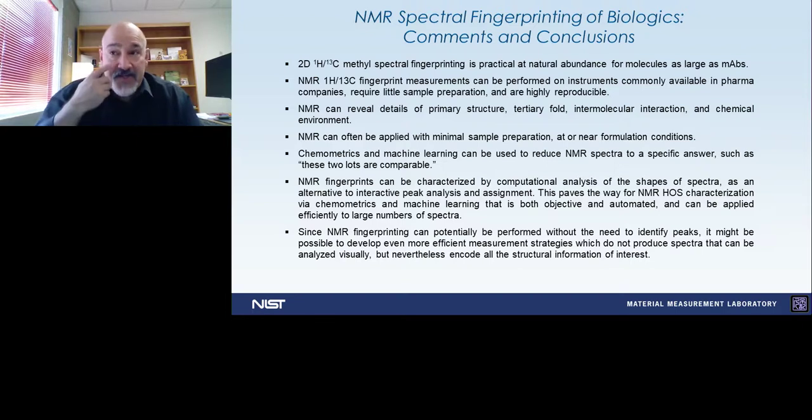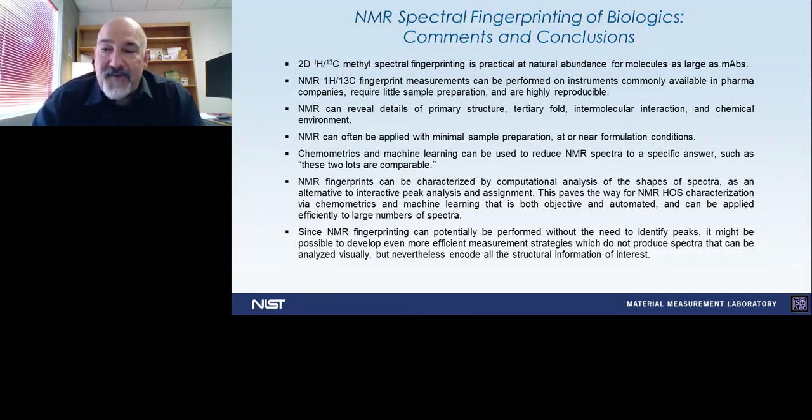Furthermore, we've demonstrated computational methods that make it possible to objectively and automatically analyze such spectra without the need for extensive interactive analysis. And we've shown computational methods and experimental methods that can be combined to allow us to study these biotherapeutic samples exactly as they are formulated for use.